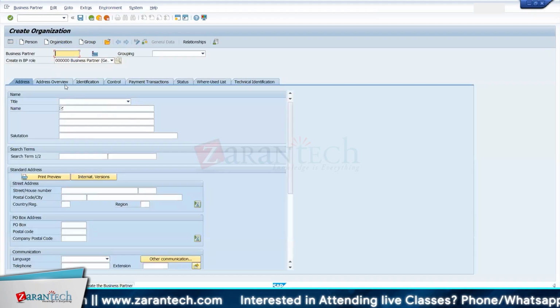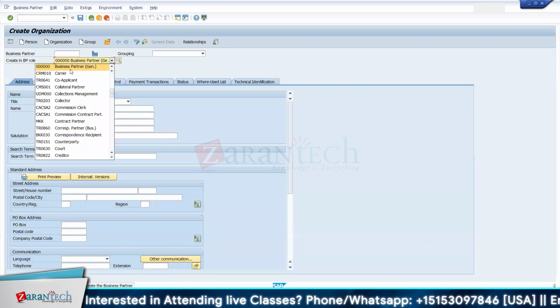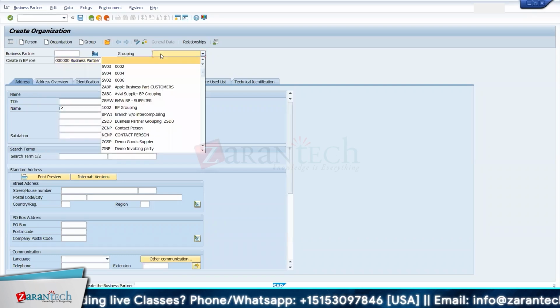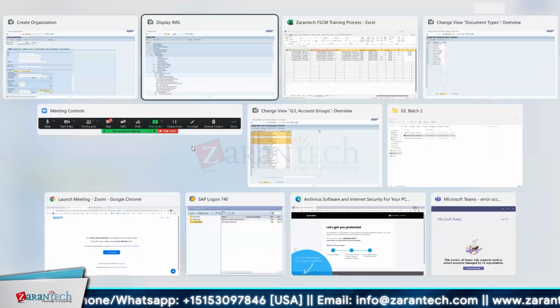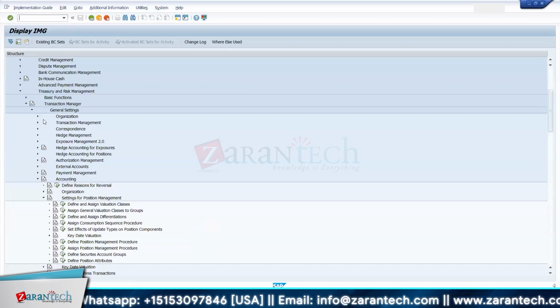create it as an organization. Now, in the organization, first the master data is created as a general business partner. And here, if you have some group, currently I don't know if any group has been maintained. Let me see if any group has been maintained.